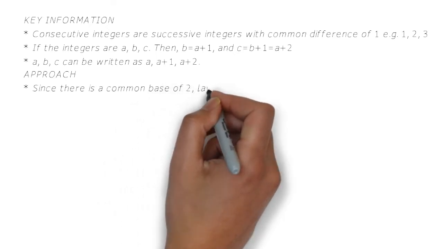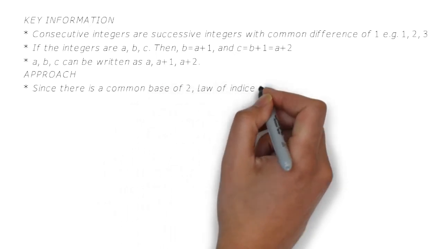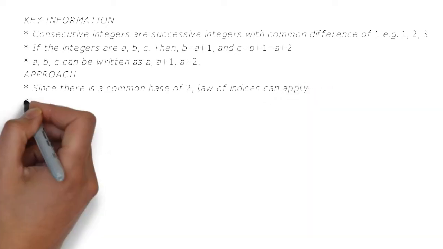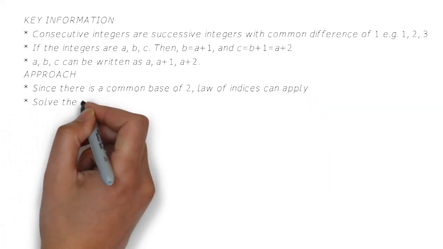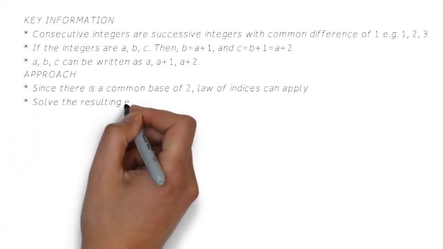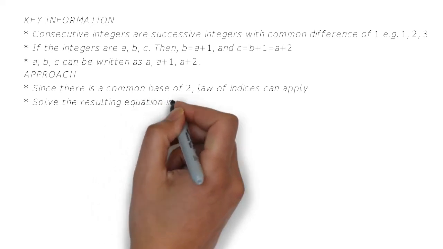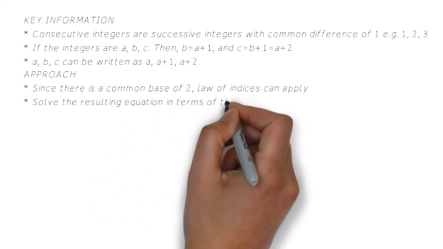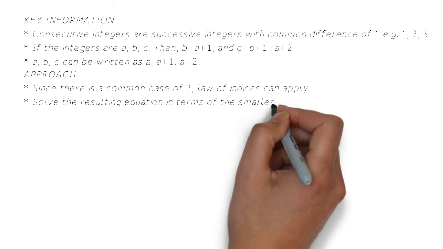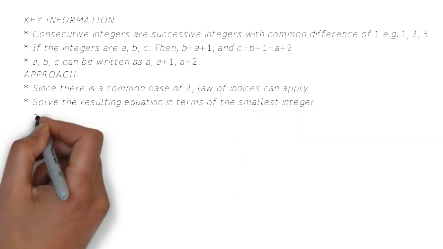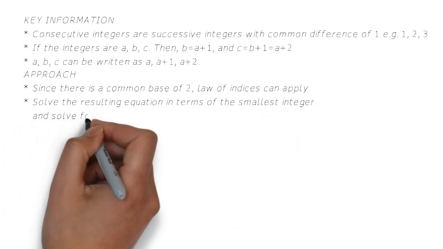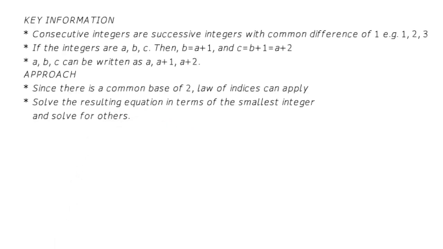Now what do we do to the expression? There's a common base of 2. You can identify lots of indices. We solve the equation in terms of the smallest positive integer, in this case a. If we're able to solve for a, we can solve for b and c, since b is a plus 1 and c is a plus 2.